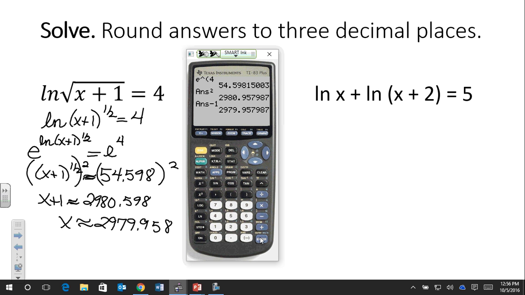All right, next one. I believe this is the last one. How are we going to solve natural log of x plus the natural log of the quantity x plus 2 equals 5? Condense. Natural log of x times (x plus 2) is equal to 5.